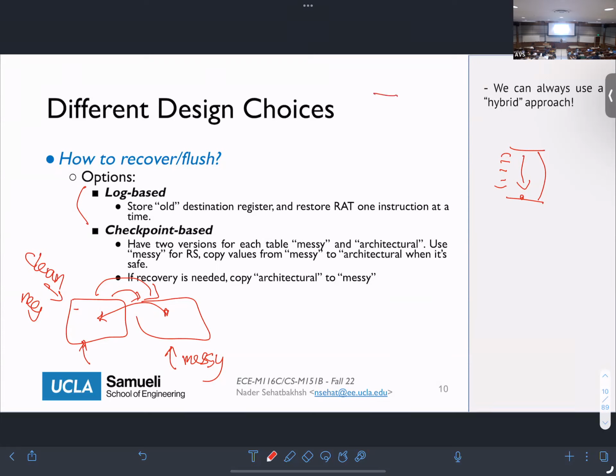If I have two branches, I'm going to create a checkpoint here, and I'm going to create a checkpoint here as well, and then start executing instructions. If I decide that I need to recover here, I'm going to go through this checkpoint. If I see, no, I made a mistake here, I'm going to go through this checkpoint. So I can have multiple checkpoints and just refer to them as much as I need. But there is unfortunately a limit to it.